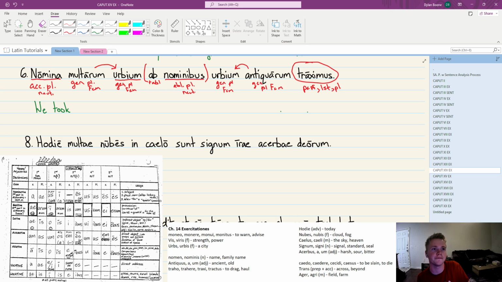And now we translate it. So we took, and we're taking, we need a direct object still, however. That's our accusative nomina at the beginning. The names. What names? Of many cities.